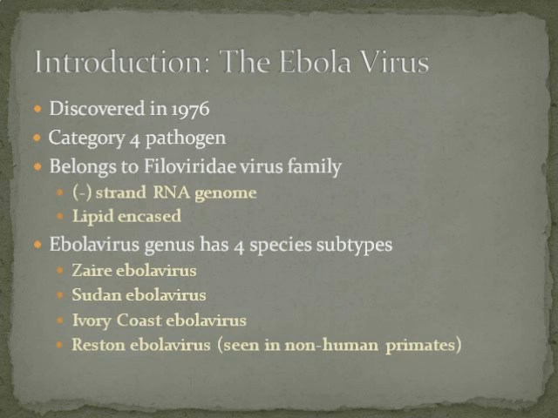Beyond this, the Reston Ebola virus is a type of Ebola virus that does not infect humans. Rather, it is primarily seen in non-human primates such as great apes or orangutans or other types of higher-order primates.